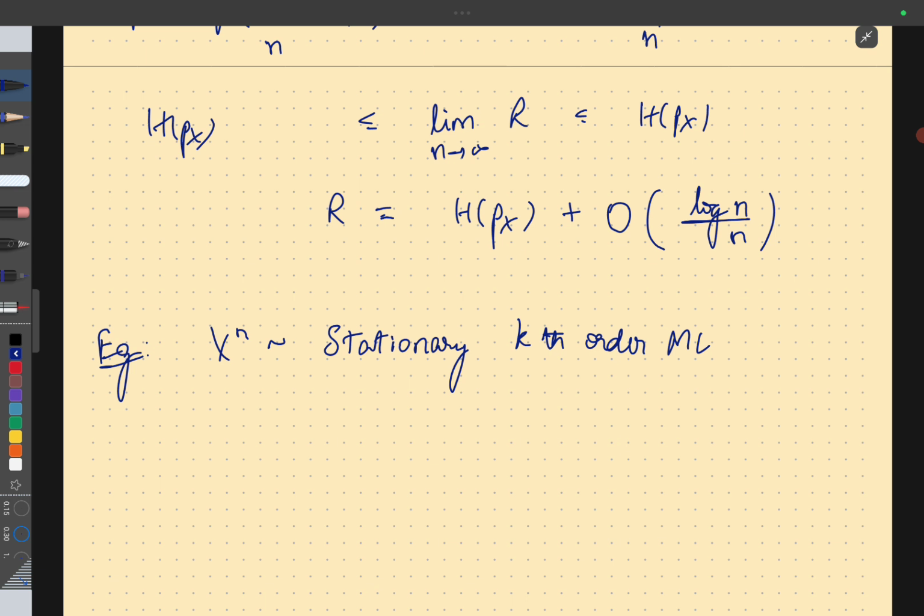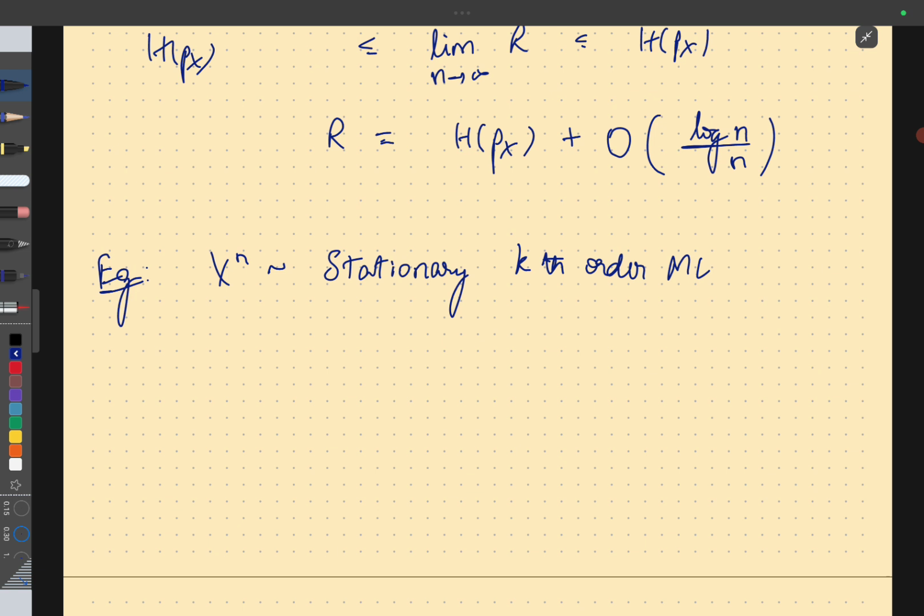Once again, I'm trying to understand what is the optimal asymptotic compression rate.